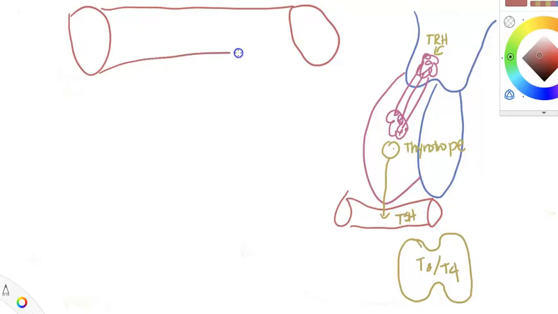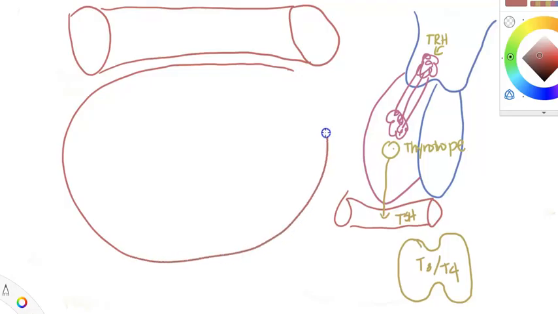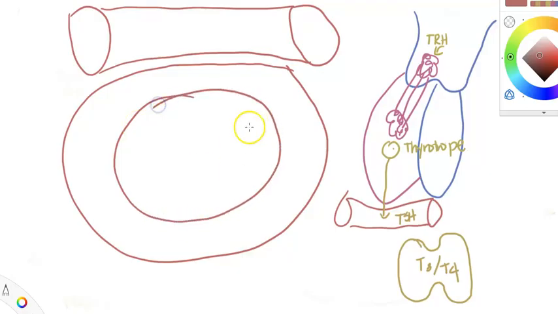We have our little blood vessel here, and basically the cells of the thyroid gland that make thyroid hormone are called follicular cells or follicle cells, and they are arranged in a sort of circular orientation.